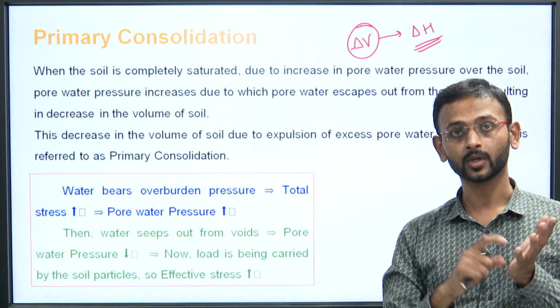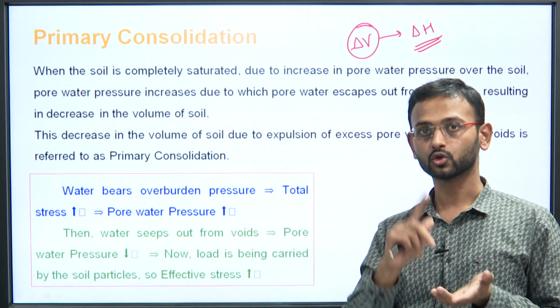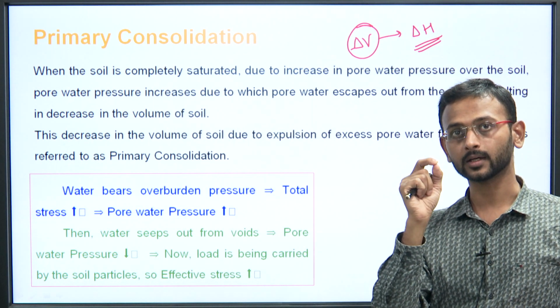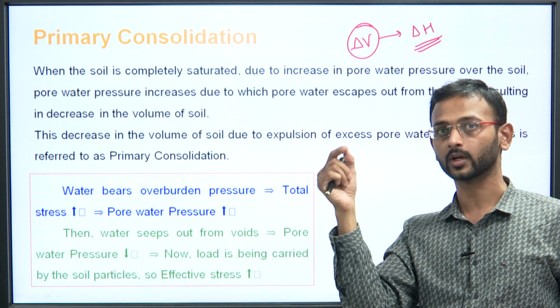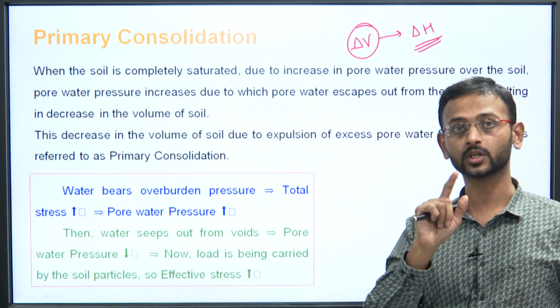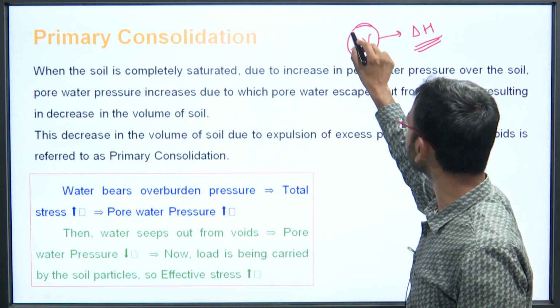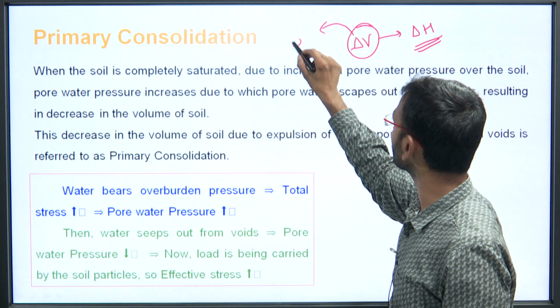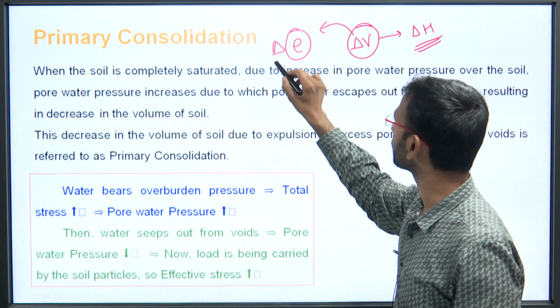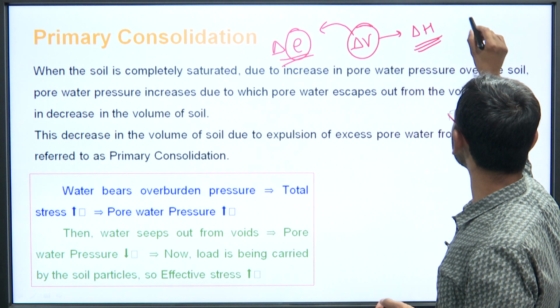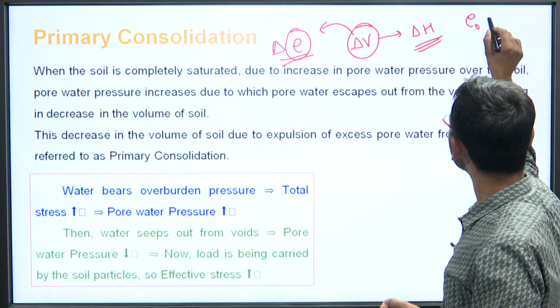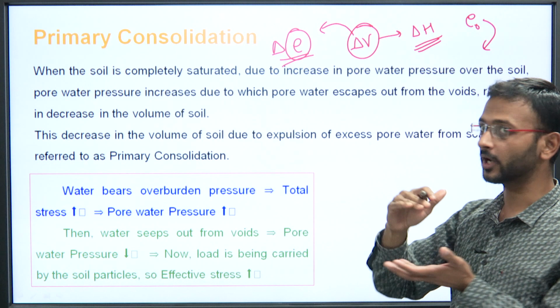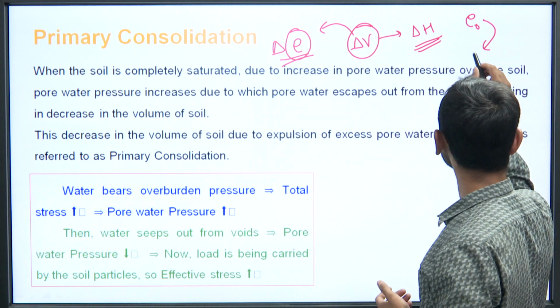If I also say that some volume has reduced, I can represent it in the form of delta H, and I can also say that this change in volume can be represented as void ratio change. Let's say initially the void ratio was e0, but later when the soil compressed, its void ratio reduced to, let's say, ef.